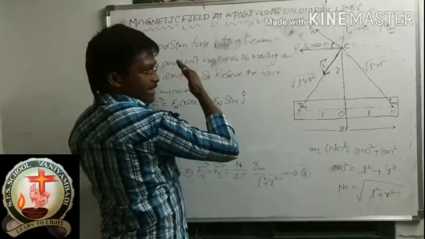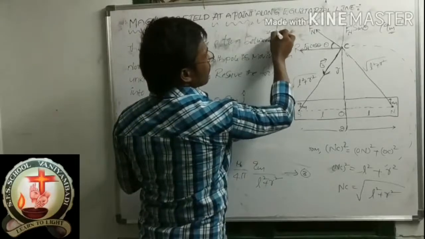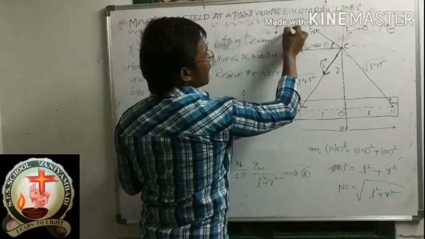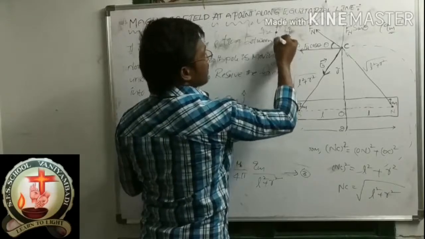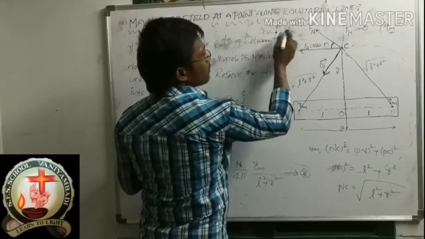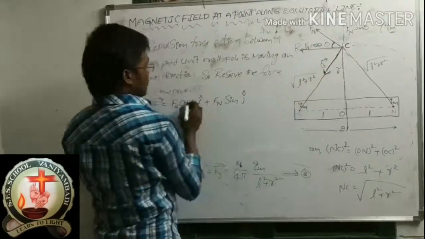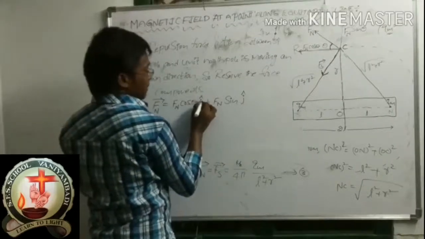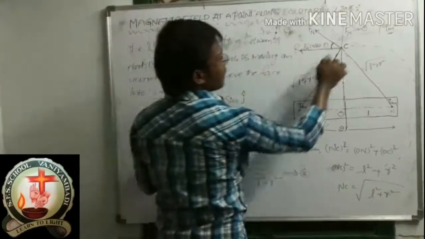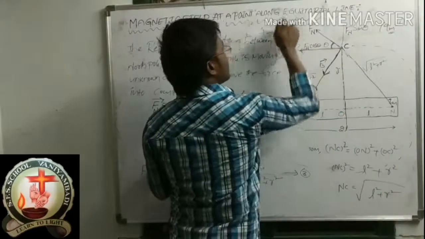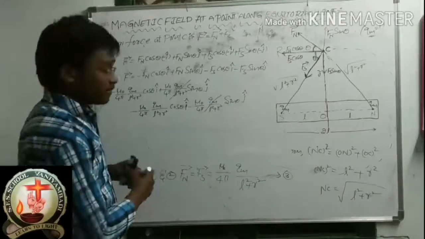On this side, minus I cap and plus I cap; I cap minus I cap, j cap minus j cap. Correct, no? So this is the midpoint. This side means what? Minus I cap. So this one is minus here. Okay, and Fn sin theta, this one is j cap.